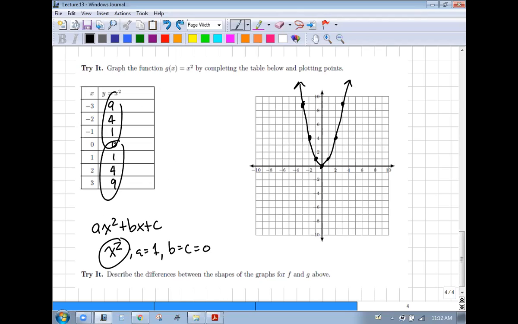So we want to be able to graph 2x squared plus 3x plus 1. We want to be able to graph 9x squared minus 2. All right. So we want to be able to see what do these a, b's, and c's do to the basic x squared, okay? And last time we learned about the vertex formula.